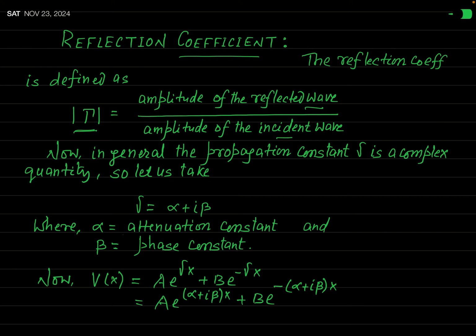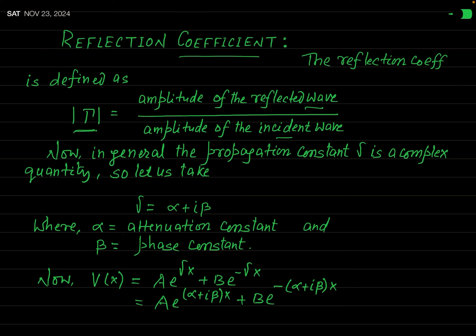Now if your aim is to find the expression for this reflection coefficient, you definitely have to know the amplitude of the reflected wave and the amplitude of the incident wave. You have already seen incident and reflected waves in terms of voltage and current variation.